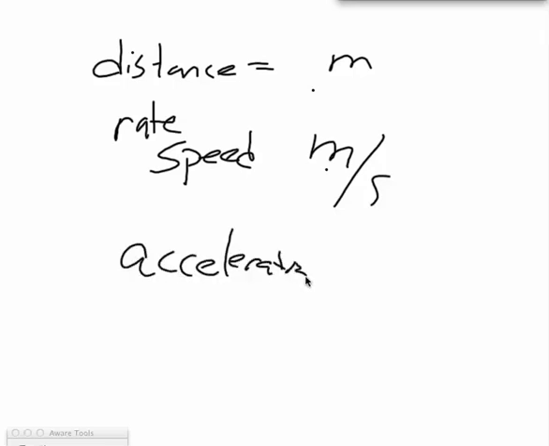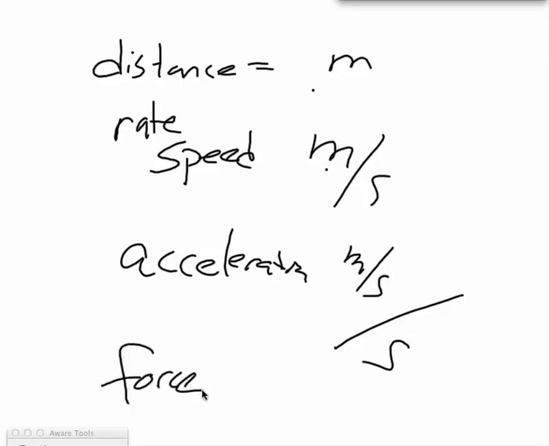So that's meters per second squared, right? And then we're going to throw mass into it. If we're going to accelerate an object that has a certain mass, we want to know how much force it involves. And so we find that force involves kilograms, and we're going to accelerate it, so it's meters per second over second.